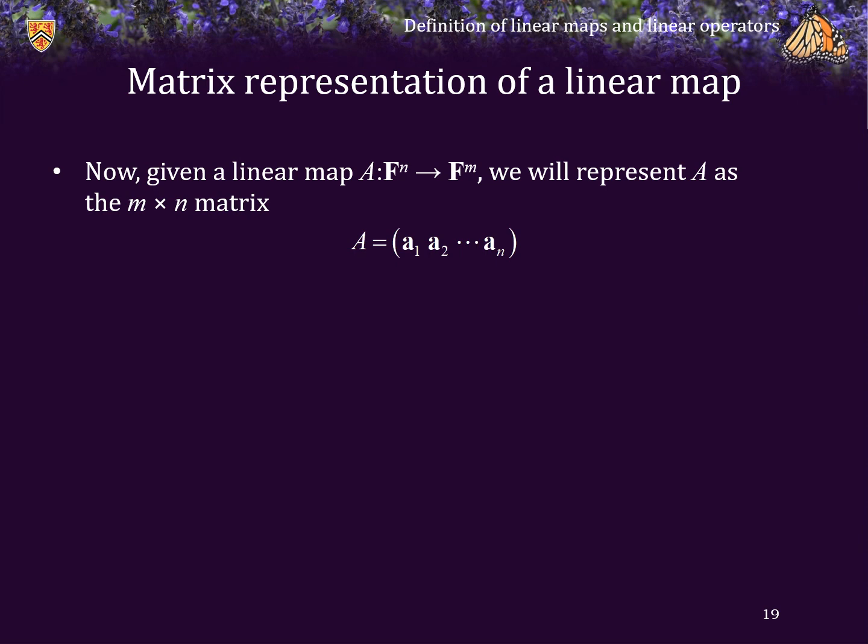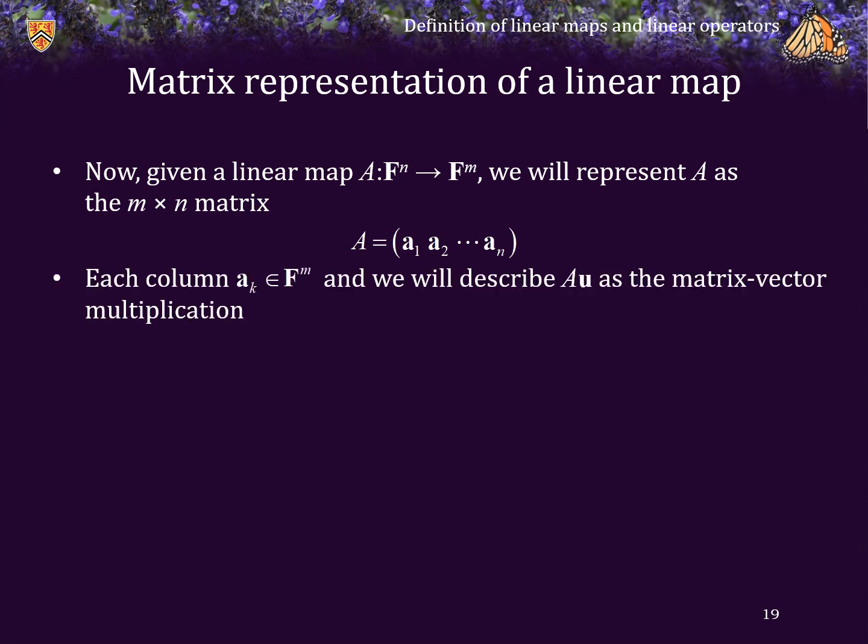Now, given a linear map A mapping F to the n to F to the m, we will represent A as an m by n matrix. So these n vectors will form the columns of this m by n matrix. Each of these columns is m-dimensional, the dimension of the codomain, or the mapping of the vector in F to the n.